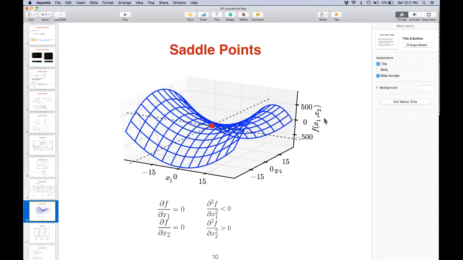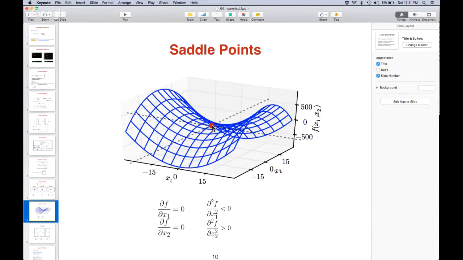The loss function has two inputs, x1 and x2, so the Hessian matrix can be constructed with the second partial derivatives with respect to those two inputs. It's going to be a different matrix at every single point on the surface, so you don't have only one Hessian matrix. You have one Hessian matrix for a given point x1, x2.